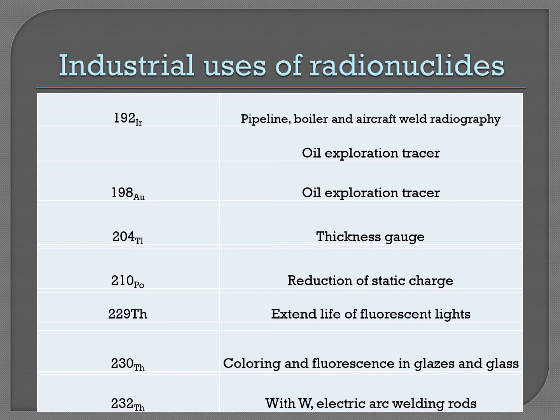We have discussed it earlier, what a gauge is. A gauge is basically an instrument which can measure the different dimensions of any object, so it can determine it, or it can be used as a thickness gauge.